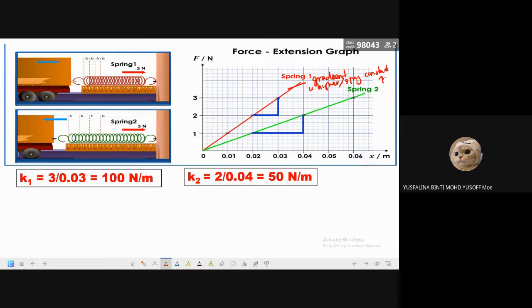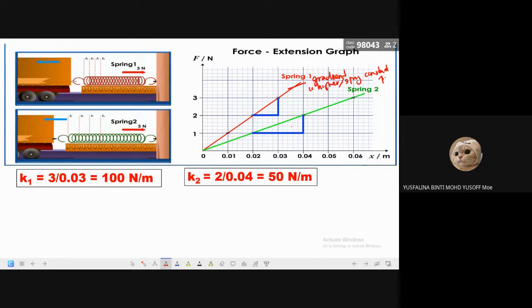That's if no value is given but you need to compare, because sometimes in the objective paper they give you options A, B, C, D and you need to analyze the graph. They didn't give you any value, but you can see from the graph its gradient is higher, so the spring constant is higher, so it's stiffer, so we need more force to increase the length of the spring.